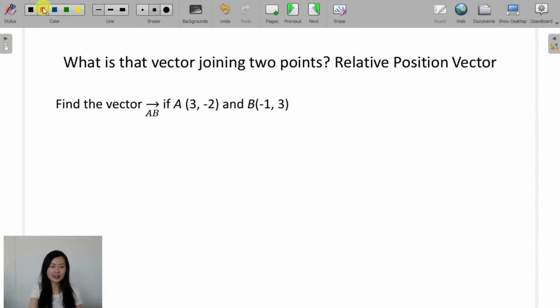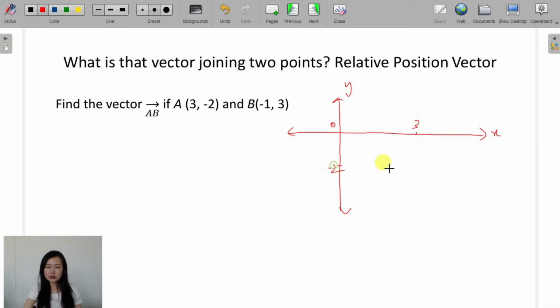Try again. This is kind of low, so I want to draw it low. Okay, so 3, minus 2, right? So that's A, and minus 1, 3. Got that.